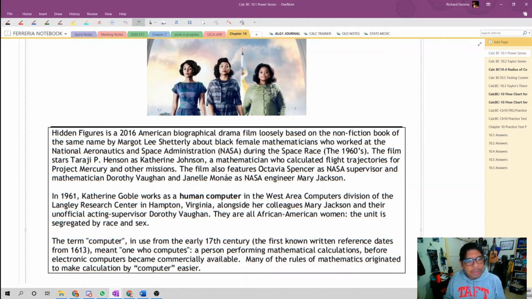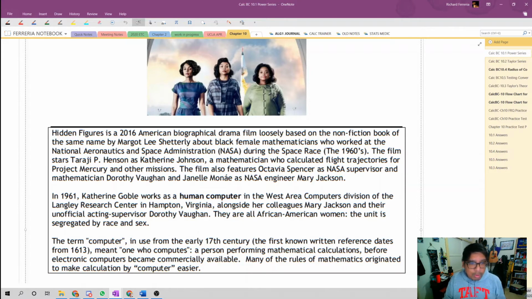The term computer, in use from the early 17th century, the first known written use dating to 1613, meant a person who computes, a person performing mathematical calculations before electronic computers were commercially available. Many of the rules of mathematics, and this is the important thing to think about, many of those rules that make us think, why do we do this?